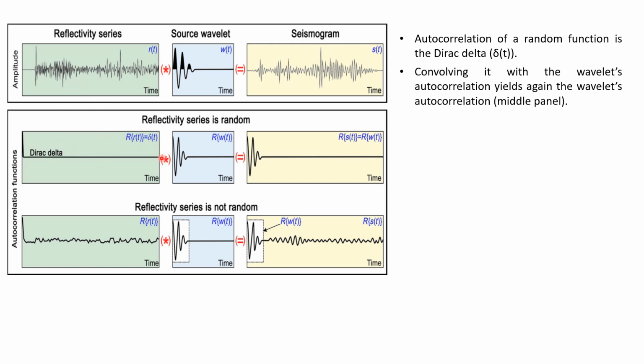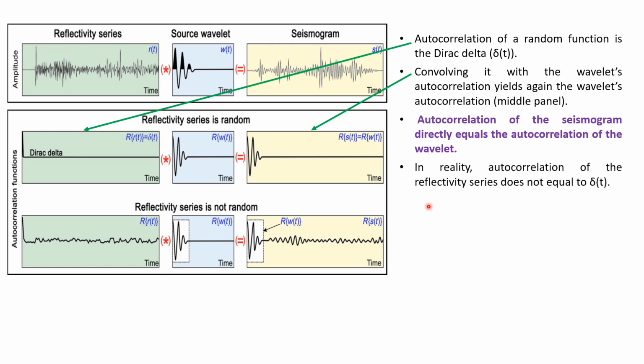So when you convolve the Dirac delta function with the autocorrelation of the wavelet, it will produce the autocorrelation function of the seismogram, and the autocorrelation function of the output seismogram is exactly the same as the autocorrelation function of the input wavelet. So by seeing the autocorrelation function of the seismogram, we can define what the initial wavelet is.